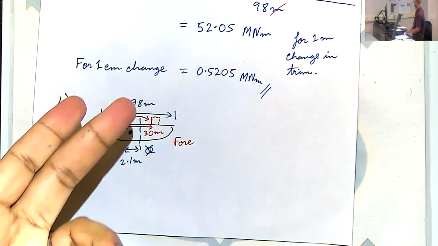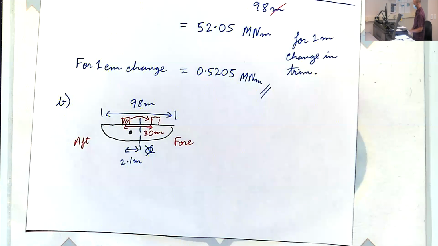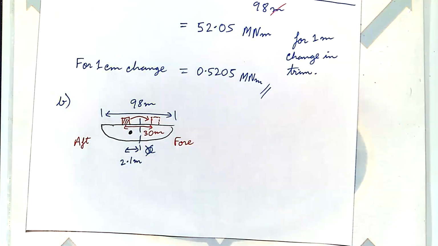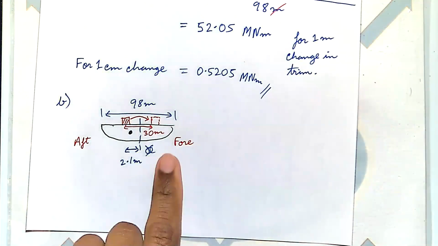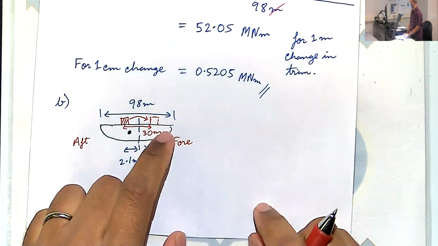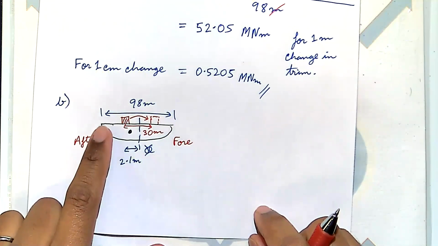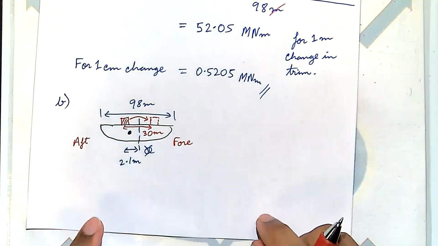Just intuitively, what should happen when we move this heavy container as shown? The nose will go down and the stern will come up. Yeah, the forward section will get submerged a bit more, and the aft will emerge a bit from the water.